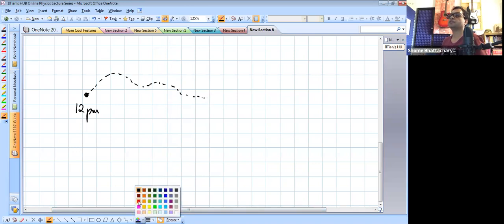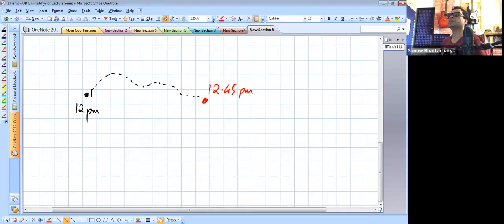Suppose the body reaches, let's say, here at 12:45 p.m. The line joining these two points is a straight line, which is the displacement. This displacement S1 I had given you has a magnitude of 8 kilometers, whereas the distance traveled, which is the path length, D1, is 12 kilometers.